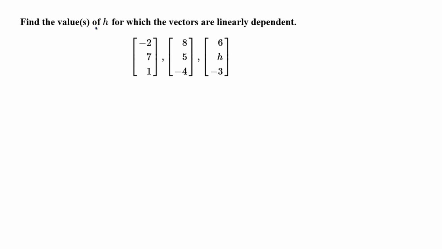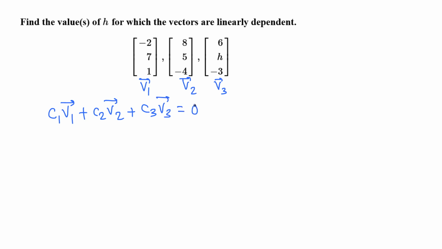Find the values of h for which the vectors are linearly dependent. So we can call these vectors v1, v2 and v3. We write down the following linear combination: c1 v1 plus c2 v2 plus c3 v3 equals 0, and we want to make it linearly dependent.